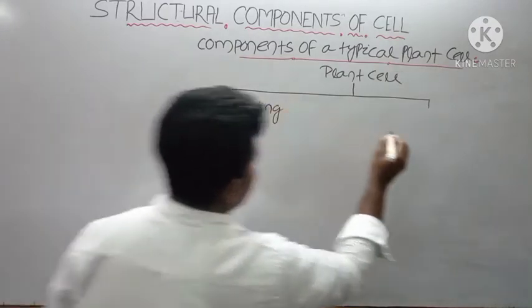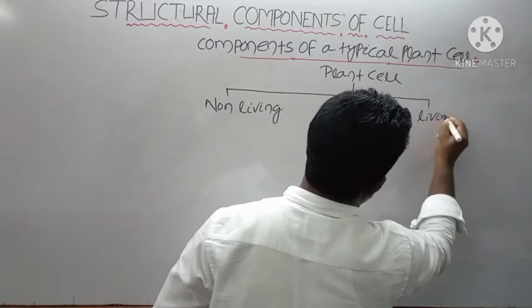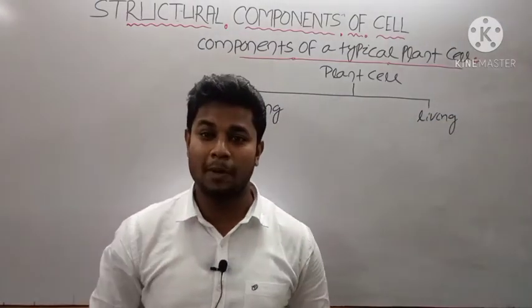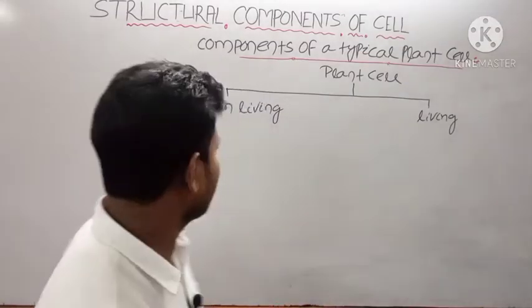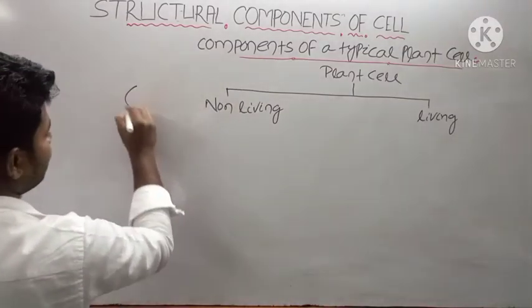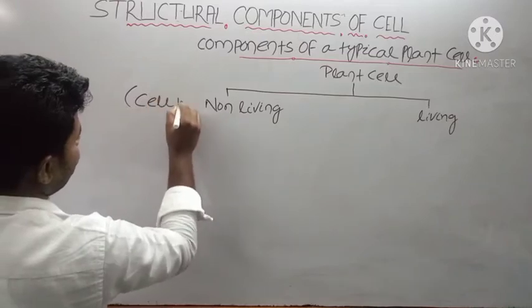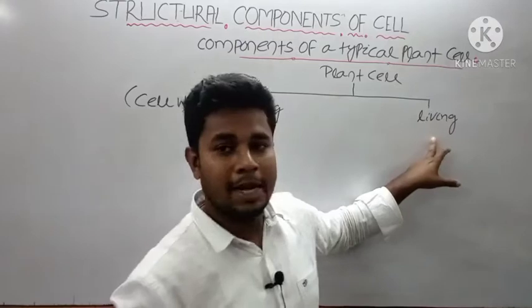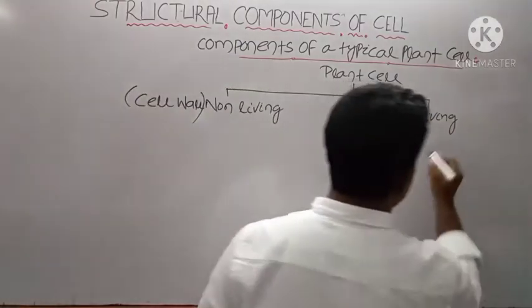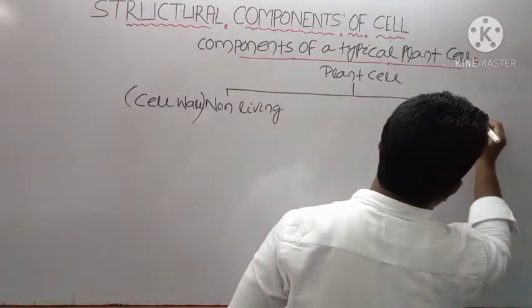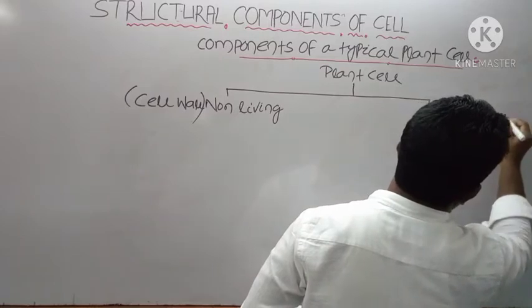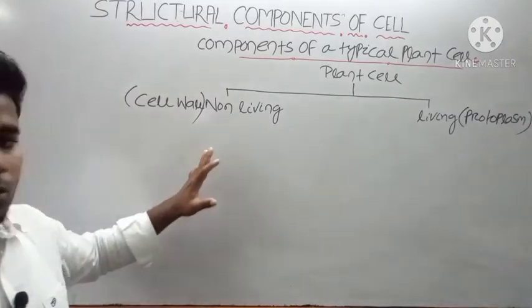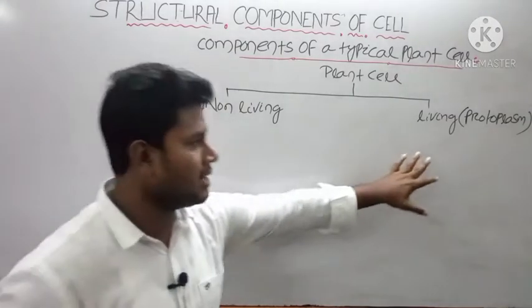You all know the non-living part is the cell wall. Cell wall is our non-living component of the cell. Then the living part is the protoplasm.